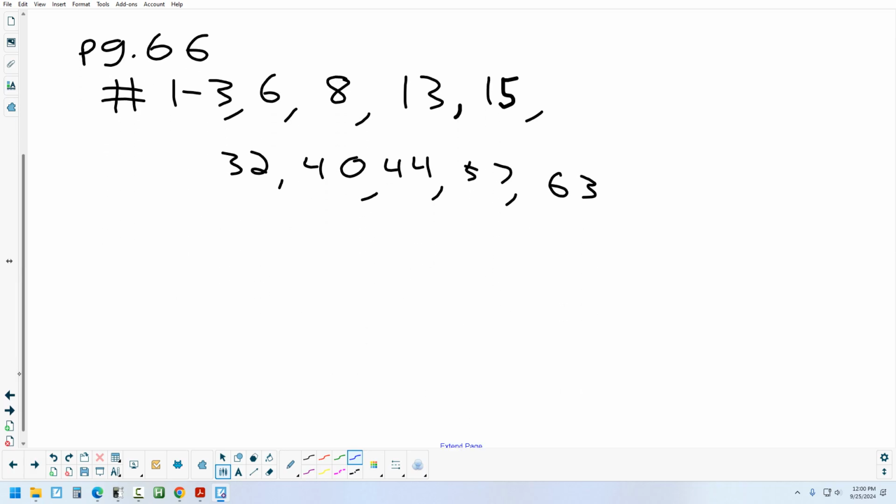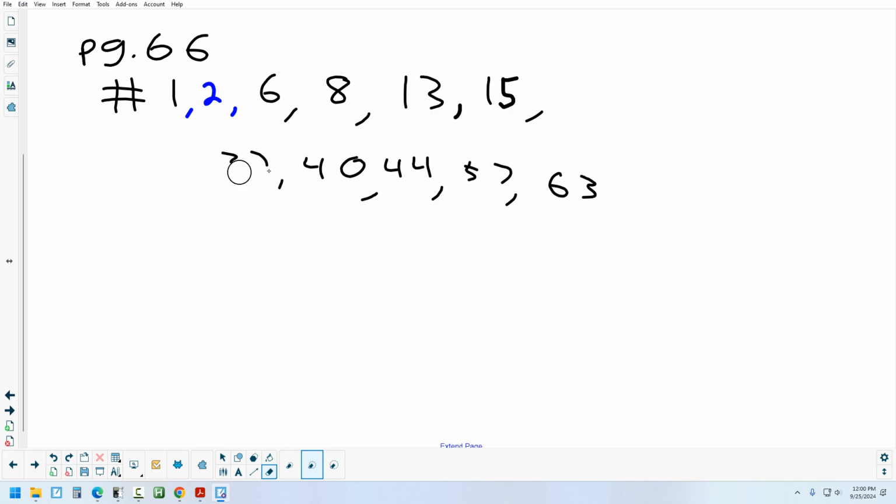Okay, so that's homework for tonight on page 66. I'm actually going to just change that a little bit, not much. Let's make that 1 and 2, 6, 15.